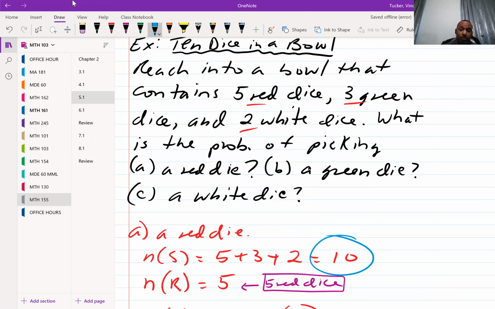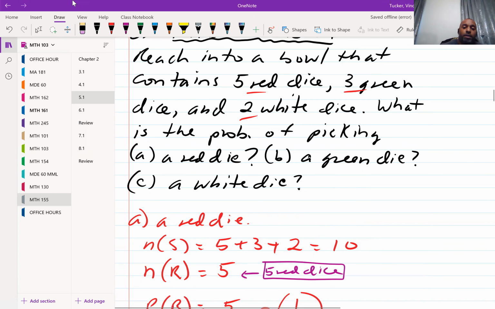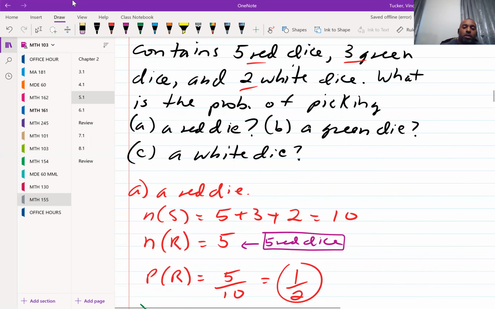That's the number of our sample space, 10 dice to choose from. As far as red dice, we only have 5. That's our event. So the probability of getting a red die is 5 out of 10, which reduces down to 1/2.